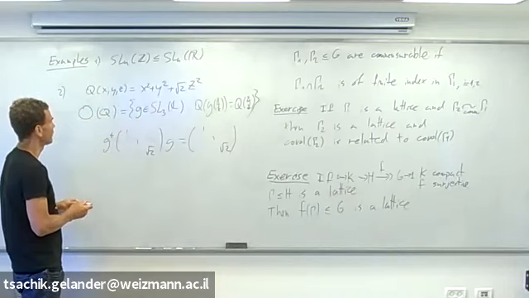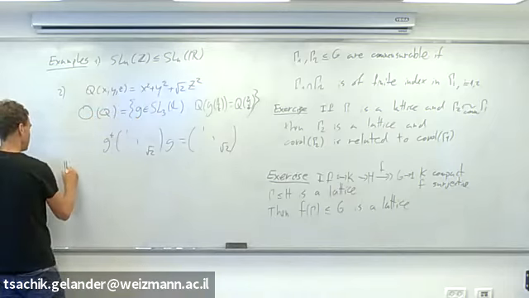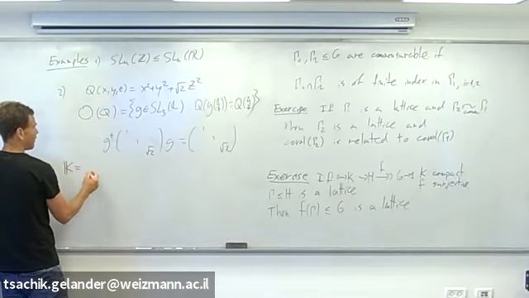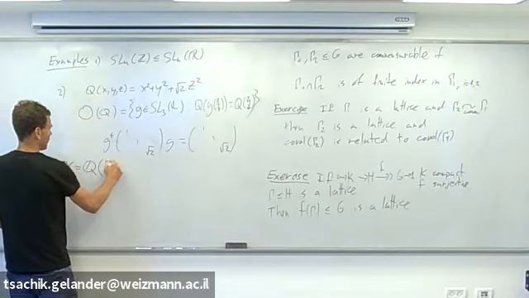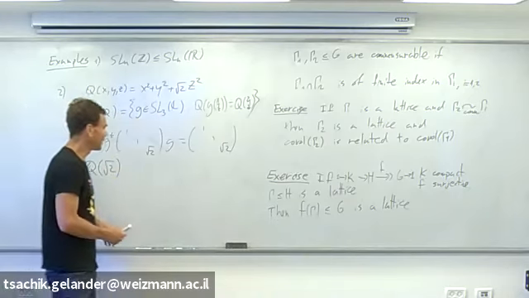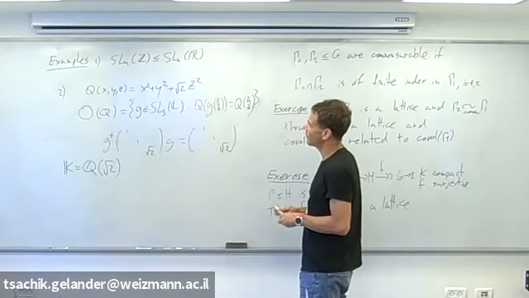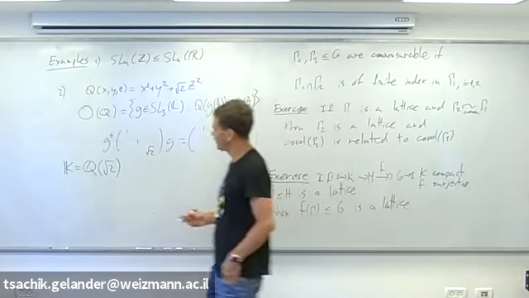It's called the restriction of scalars. Here K is the extension of Q by square root of 2.